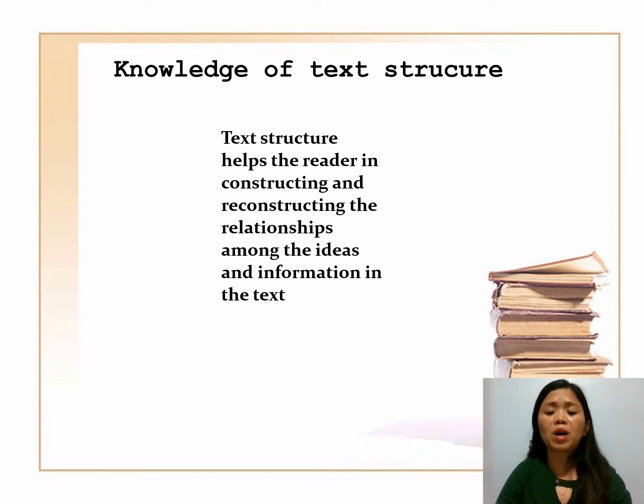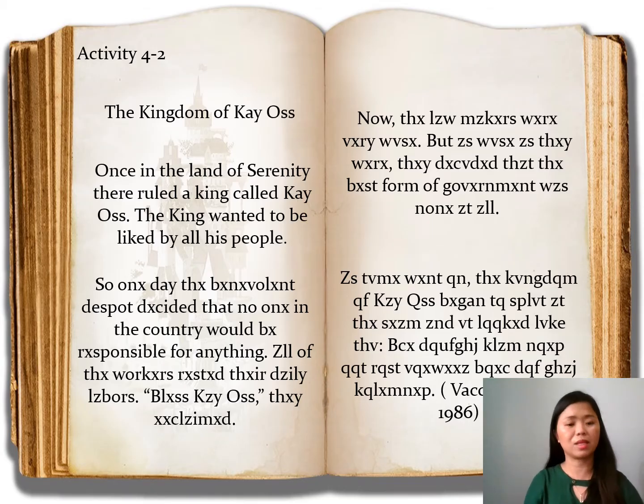We will have a clearer grasp of the combined use of these structures when we do the next activity. Go to the activity. I'm going to read to you a passage, and then try to observe the word content of the passage. Okay, let's start.